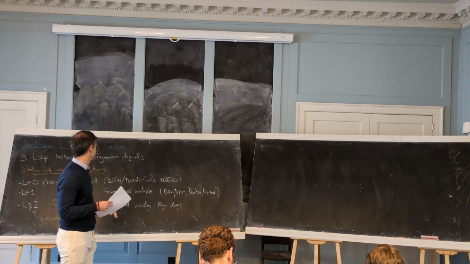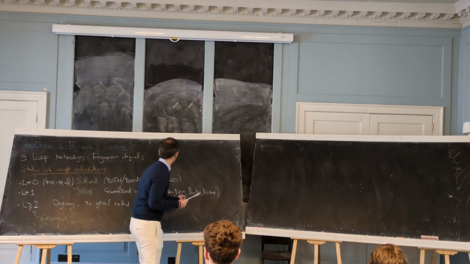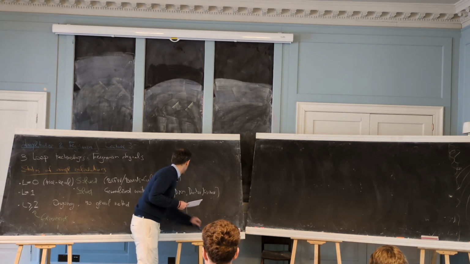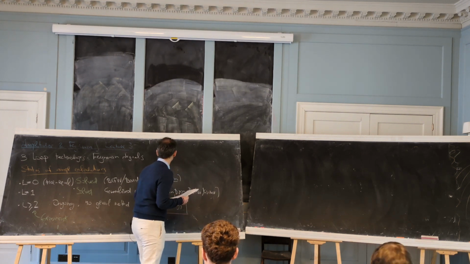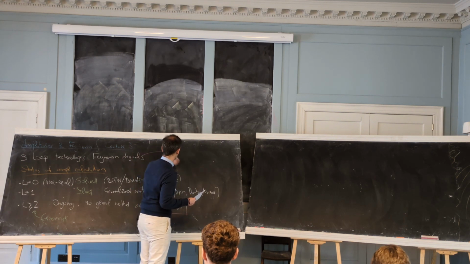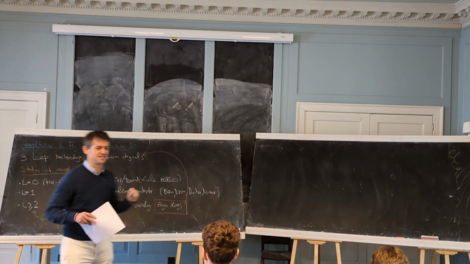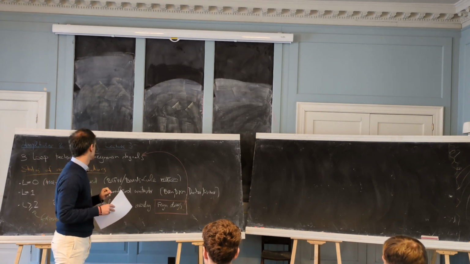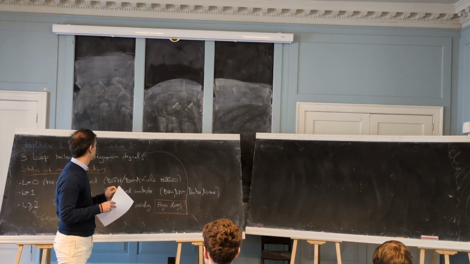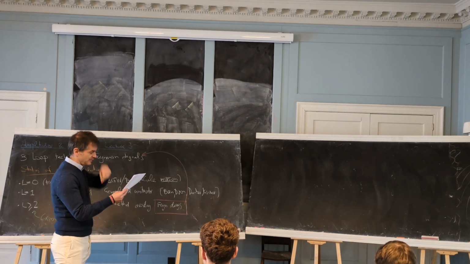But at two loops and higher, currently, you cannot avoid using these building blocks. And that's why precisely we will focus on them today. Just to try to keep the discussion as simple as possible, rather than summing them all up, just to consider them individually.